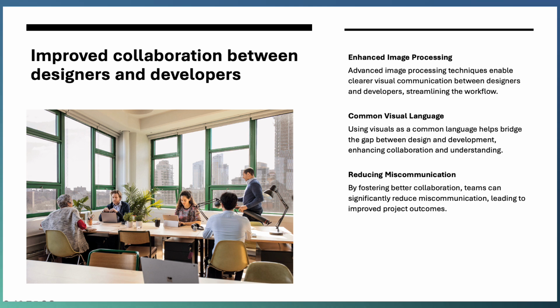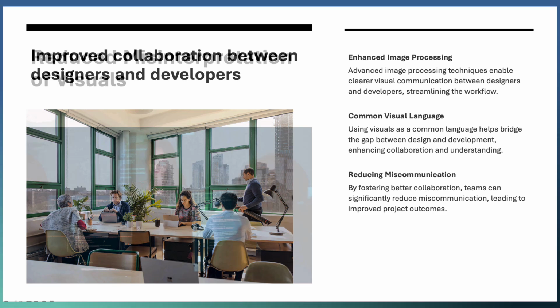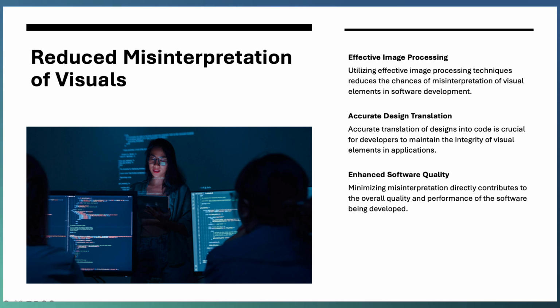Now the designers, architects, and developers can speak the same language visually. A common visual language reduces miscommunication and leads to a better understanding of the visuals. Effective image processing not only gives the code, it explains the diagram, what exactly the diagram captured, and what kind of insights it has. It can be functional or non-functional.